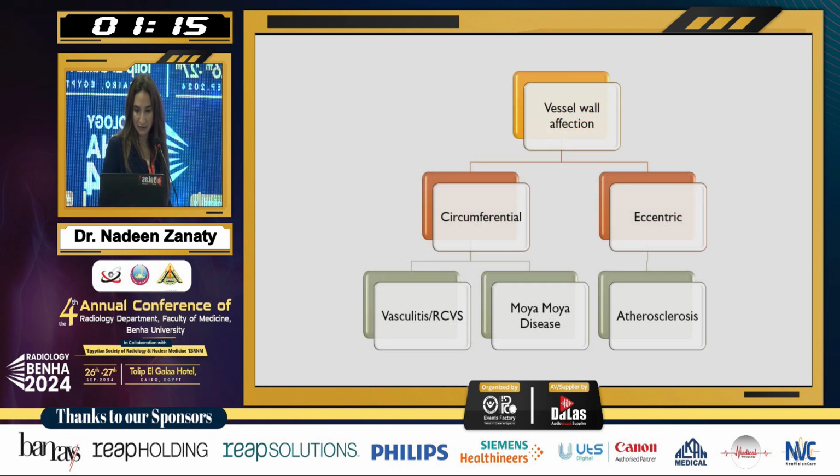So, in summary, to sum up the case, we have a vessel wall affection. How to interpret it? Well, we see the affection of the vessel wall is either circumferential or eccentric. If it's eccentric, it's going to be atherosclerosis. And if it's circumferential, it's going to be either vasculitis, reversible cerebral vasoconstriction, or moyamoya disease.